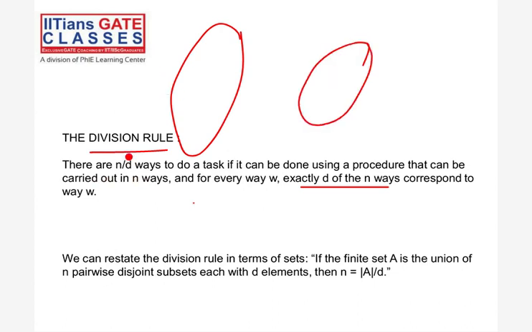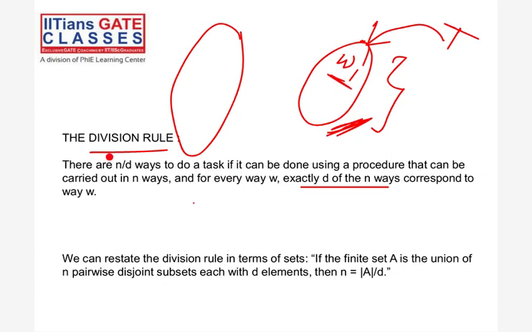let's understand this definition. It is saying that, let's assume you want to complete a set of tasks. The cardinality of this set is actually the number of ways you want to do a task. For example, you have task t, and this task t can be completed in these many ways. So this w1 is one of the ways to complete task t.